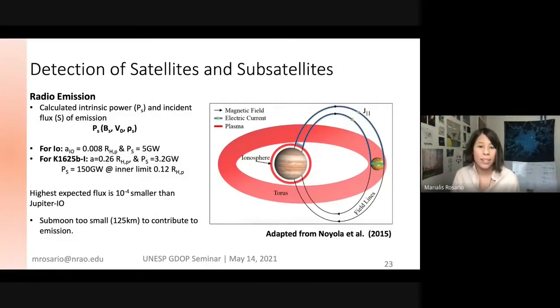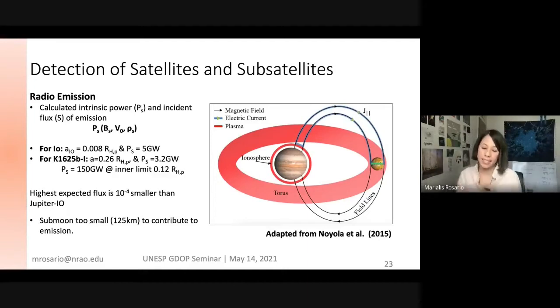So again, there is most definitely a possibility of this Neptune-like moon producing a radio emission from its interaction with its host planet, more specifically, the electromagnetic field of the host planet.